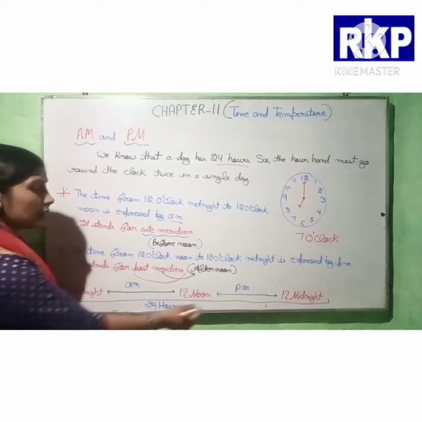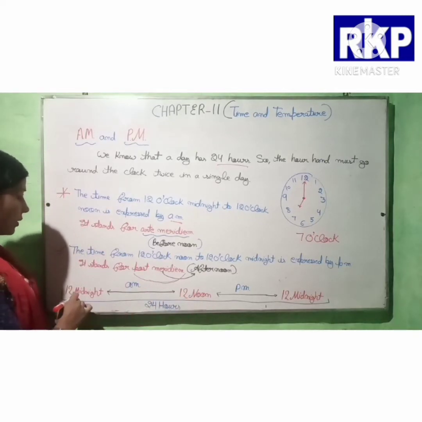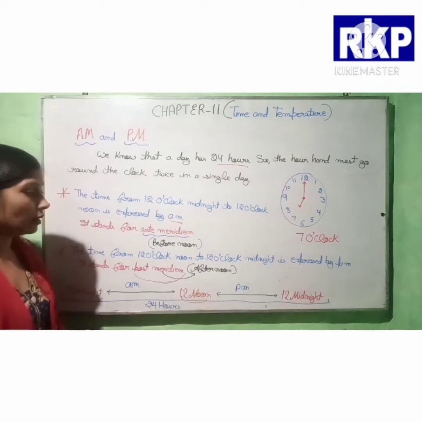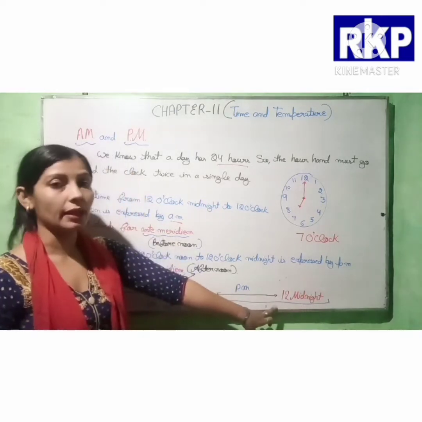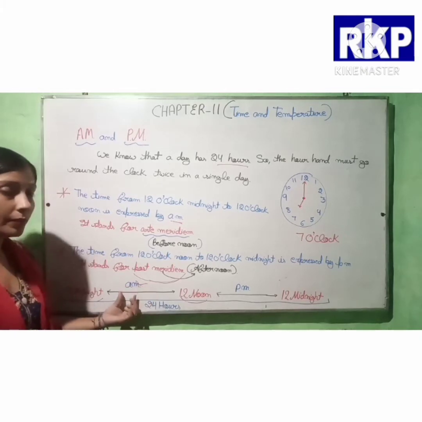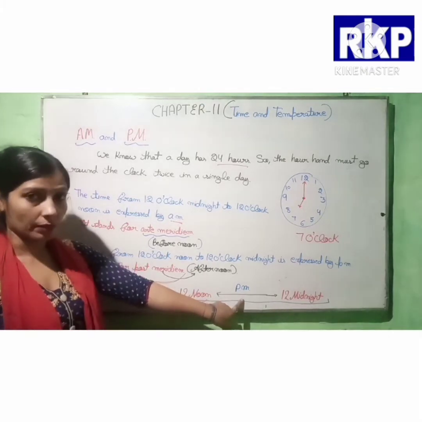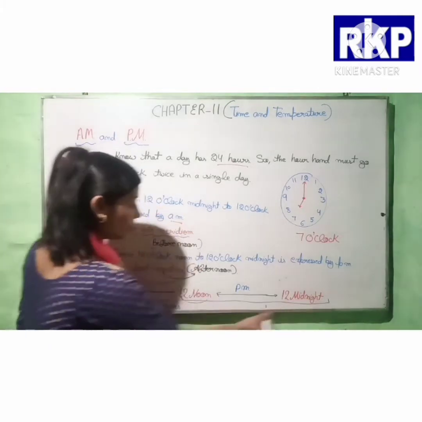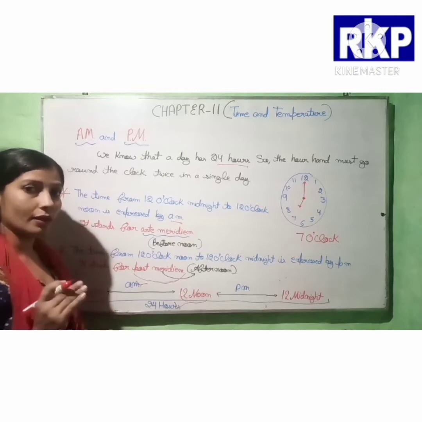And you can see here also, I have written 12 midnight, here 12 noon, and here 12 midnight. And here you can see I have written AM and here PM. So here, from here to here we have a total of 24 hours.